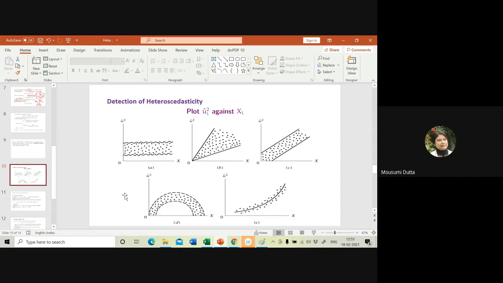However, graph always presents everything very vividly. Okay, so we cannot avoid graph. So you can do this kind of graphs and you can check whether there is any relation between residual square and xi. If you get the relation, you can argue that there is possibility, there is presence of heteroscedasticity.